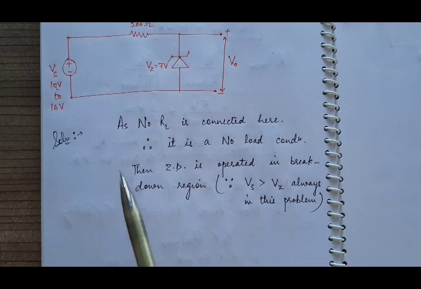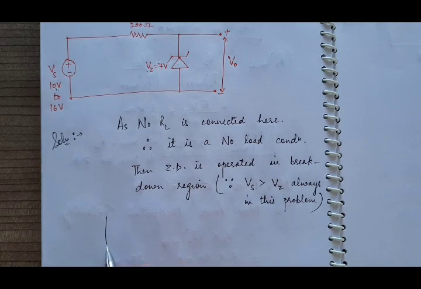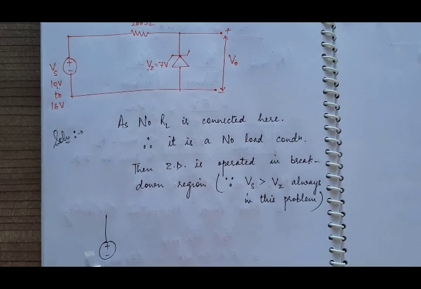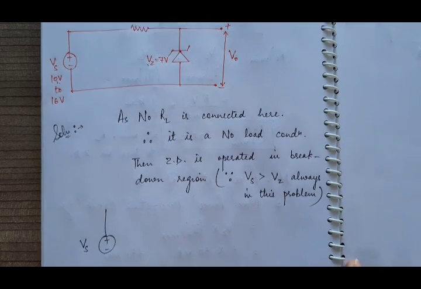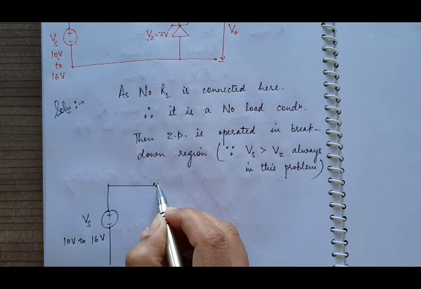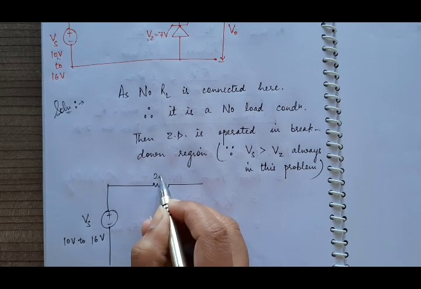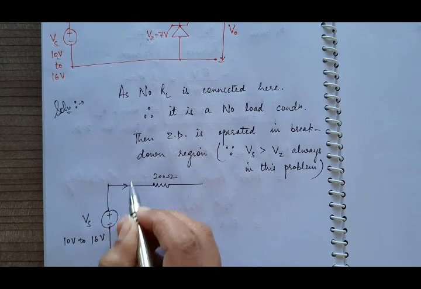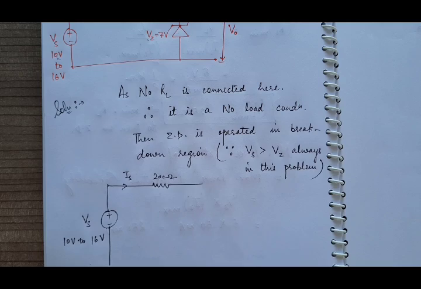So draw this circuit again. How? This is source voltage Vs, which varies from 10 volts to 16 volts. Here we have series resistance, that is 200 ohms, and suppose Is is the source current flowing through this.